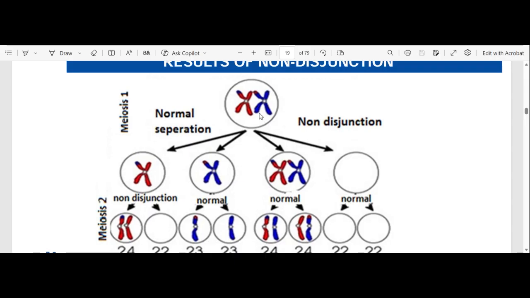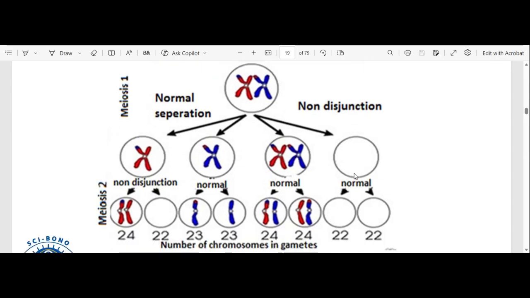Each cell received an extra copy. So it means this cell will have 24 chromosomes because it received an extra copy. And the other one will have 22 chromosomes because it did not receive a copy. Does that make sense? What happens in meiosis 1 will affect what happens in meiosis 2, right?